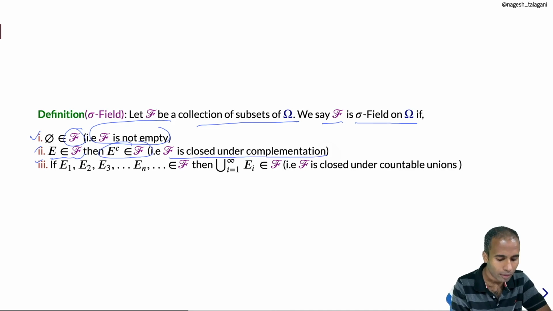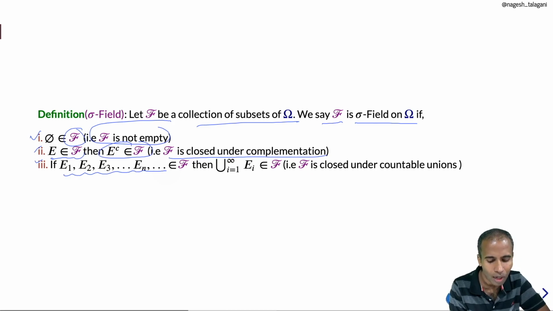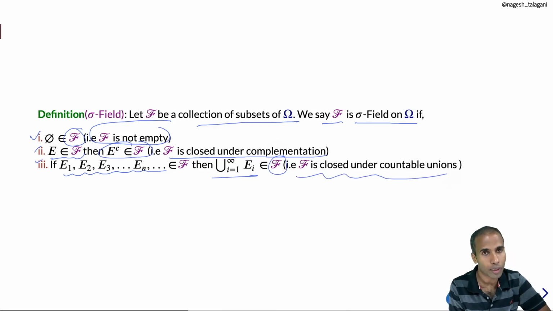And third, if E1, E2, and so on, En, all these are candidates from script F, then their countable union, union of Ei for i equal to 1 to infinity, also must be a candidate from script F. That means script F should be closed under countable union.